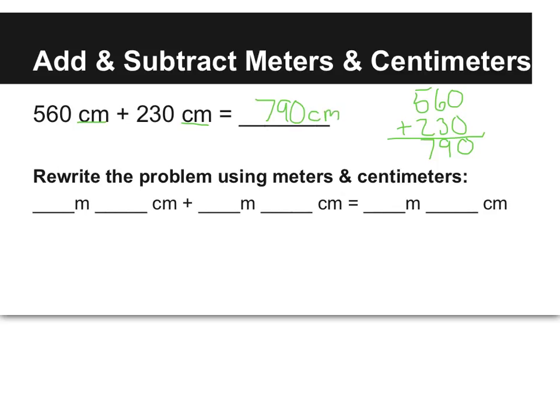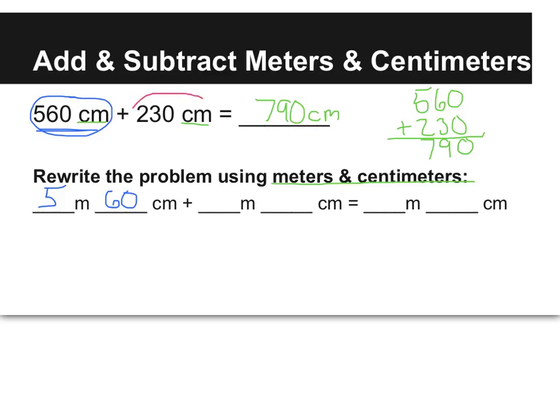Sometimes we don't want our answer in just centimeters. We can also think about this problem in a different way. We can rewrite the problem using meters and centimeters. So instead of 560 centimeters, we can write that as 5 meters and 60 centimeters. 5 meters and 60 centimeters is the same as 560 centimeters, because in every meter there are 100 centimeters.